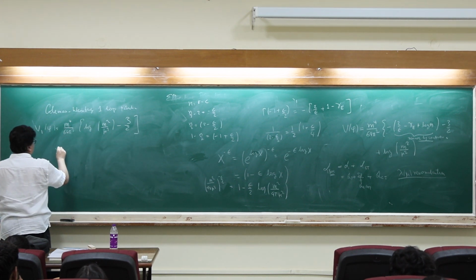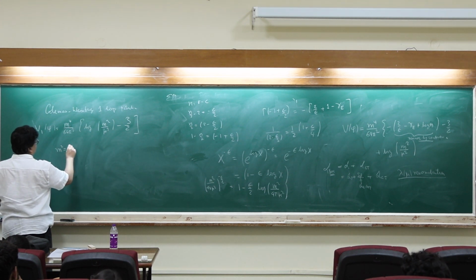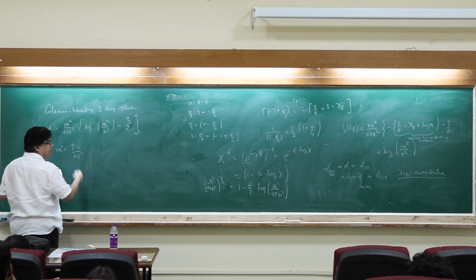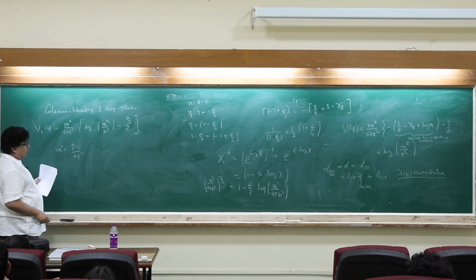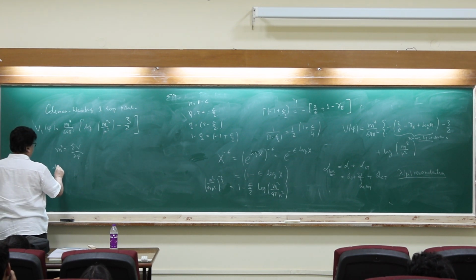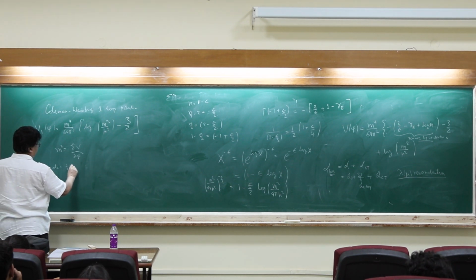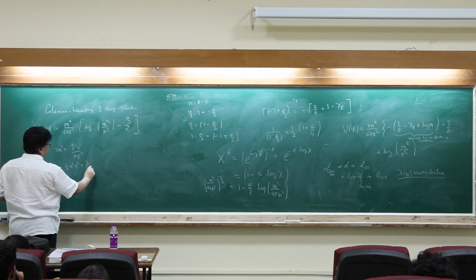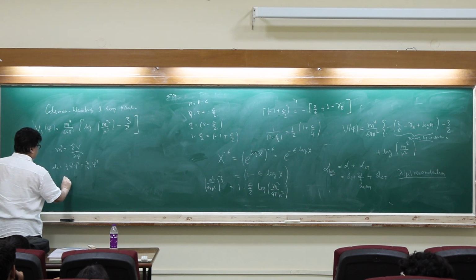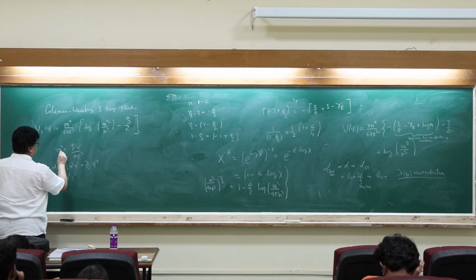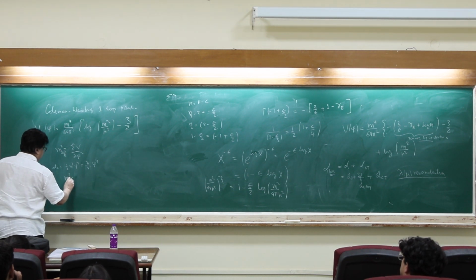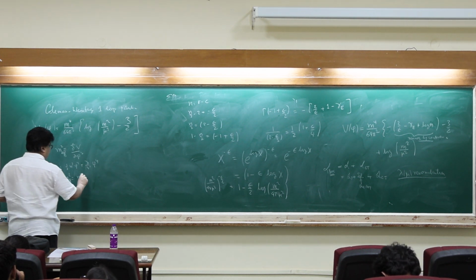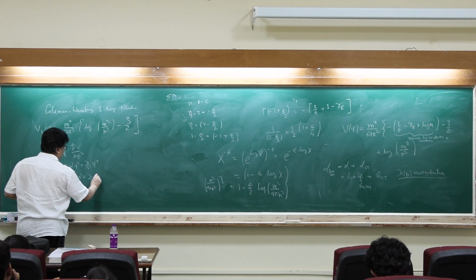And this m square is actually d square V upon d phi square, the second derivative. So if you have a theory where L0 is half m square phi square minus lambda upon 4 factorial phi^4, then M effective square will be just the classical m square plus lambda by 2 phi square.